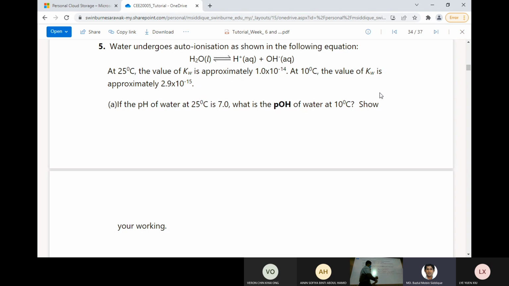So in this case, if we just want to know hydroxyl ion, it will be the square root of Kw. I do not have the calculator with me, but if you have, you can find the root of 2.9 times 10 to the negative 15.